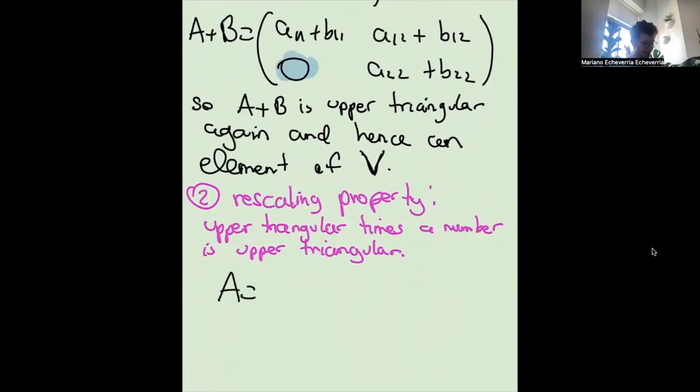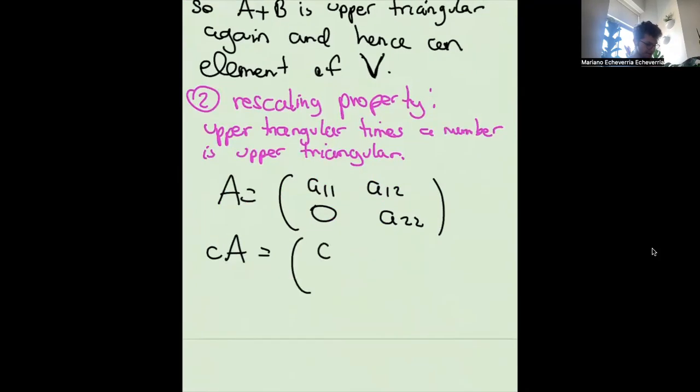If it's upper triangular, it's A11, A12, 0, A22, and what is C times A? That's just CA11, CA12, 0, and CA22.